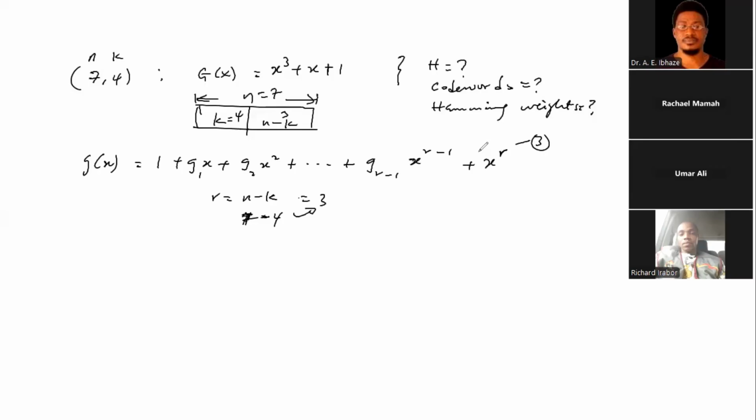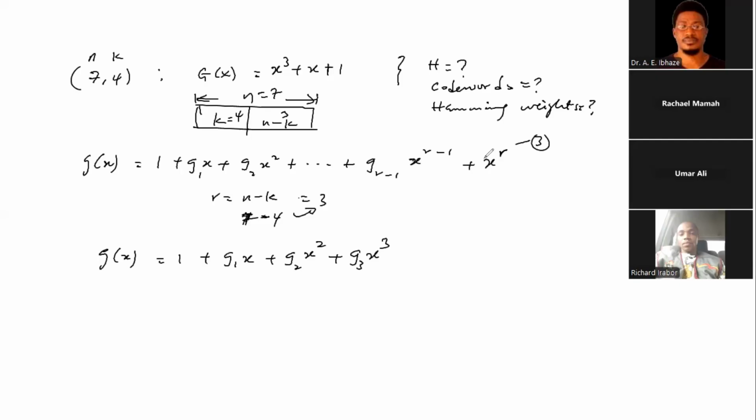So if that is true, we now know that our generator polynomial is going to give us 1 plus g1x plus g2x squared plus g3x cubed.